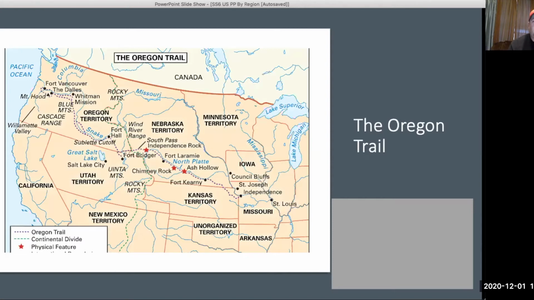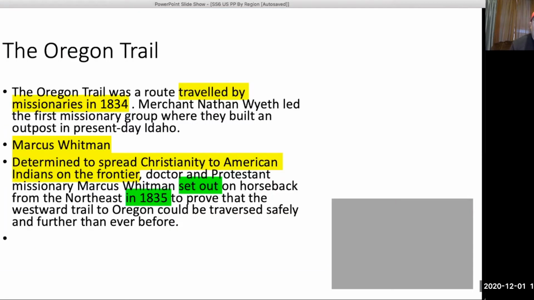All right. So, what is the Oregon Trail? Well, the Oregon Trail was a route that was traveled by missionaries in 1834. Okay, a merchant named Nathan Wythe led the first missionary group. Okay, missionaries were a religious group, where they built an outpost in what we call Idaho today.